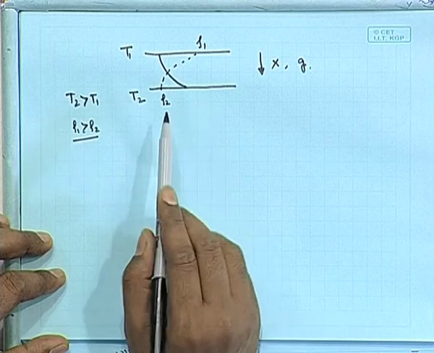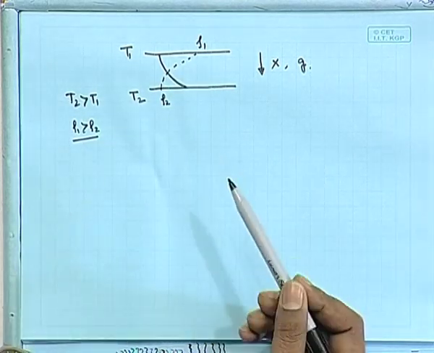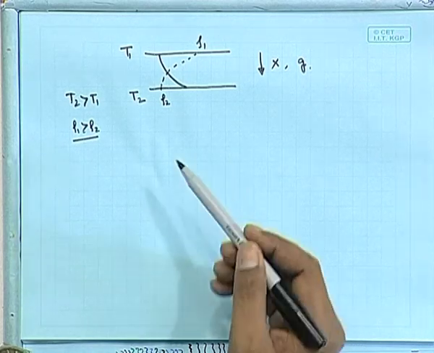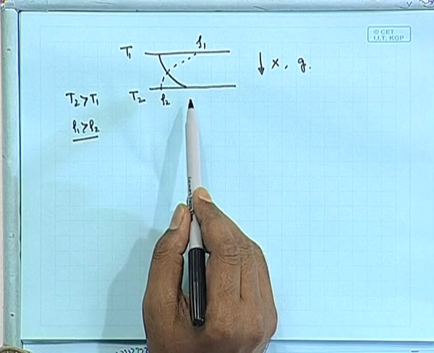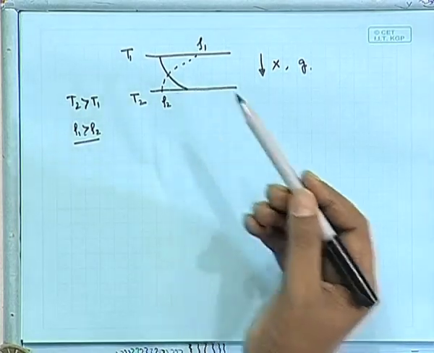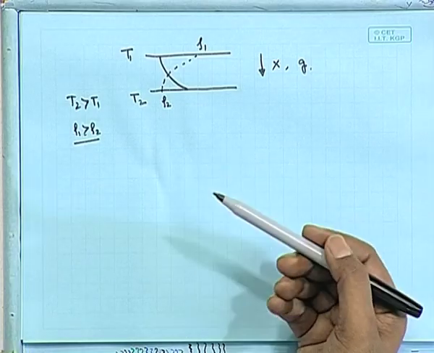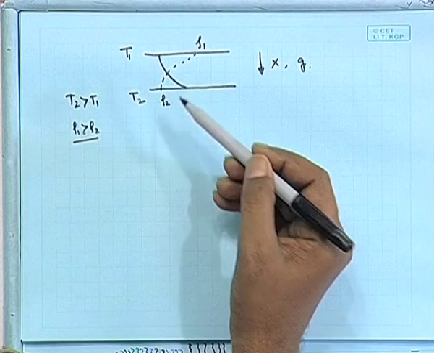Now, what happens? The fluid adjacent to the bottom plate will be heated up and will become lighter, so it will try to move up. If the buoyant force, due to the density difference acting over it, exceeds the viscous forces, it will simply move up.